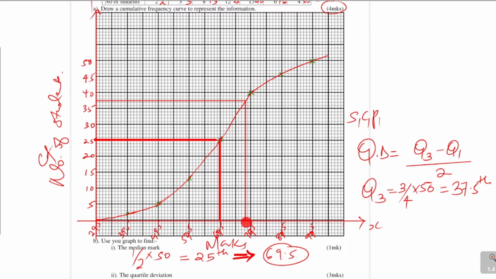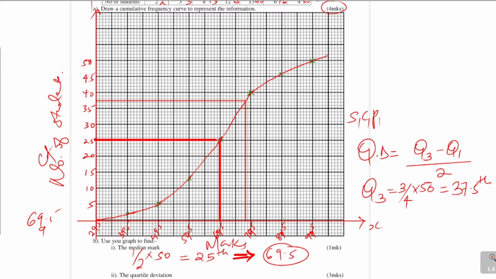So 69.5 plus 9. Then you add small squares. Around 9, not 9. See, these are 1, 2, 3, 4, 5, 6, 7, 8. There are 8, around 8, because I can see it has slightly gone beyond.